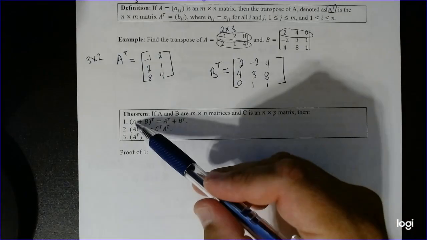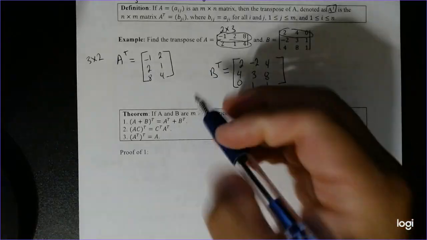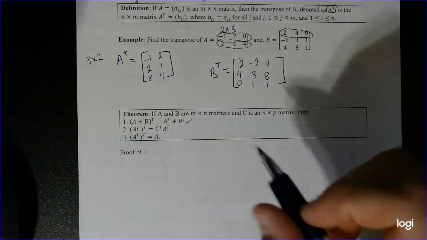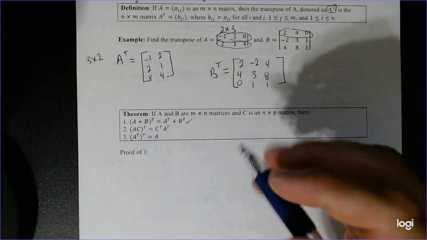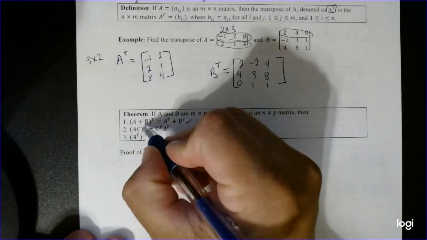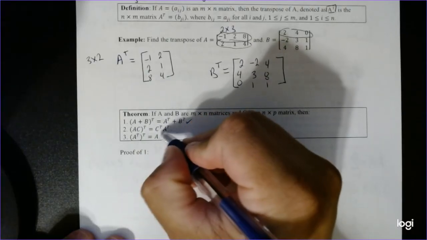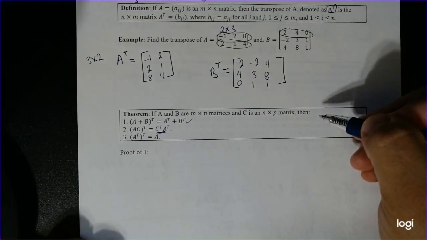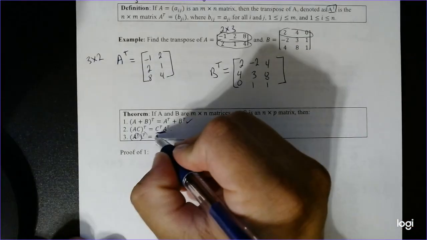First, I add them together. Transposing it is the same thing as if I distribute the transpose to each one. That's an interesting one, actually. Number 2, this one I've got to be careful of. Unlike over here, it doesn't just distribute. You also have to flip the matrices to make it true. And one that's probably obvious: the transpose of the transpose gives you the original back.